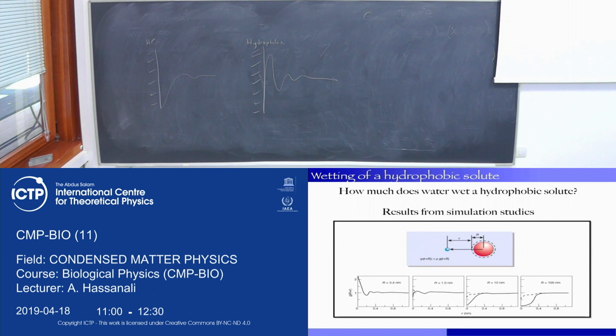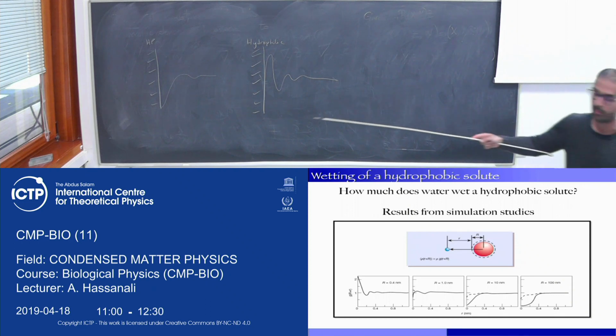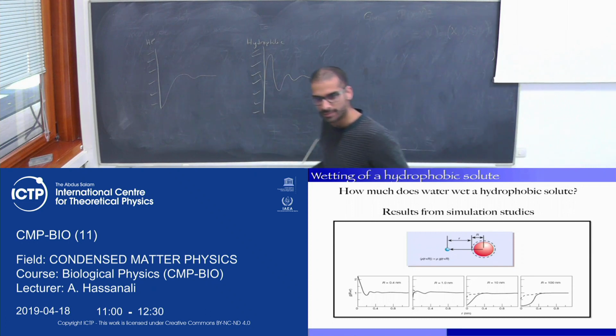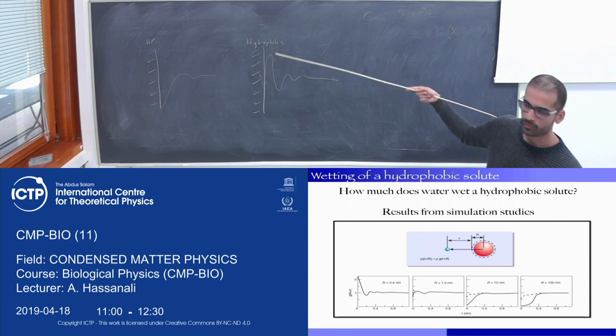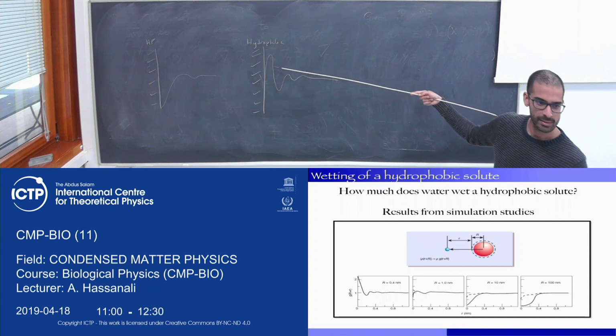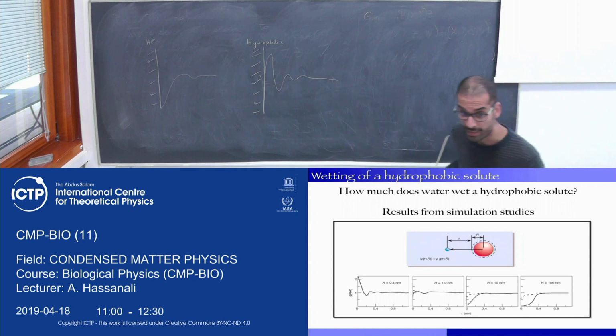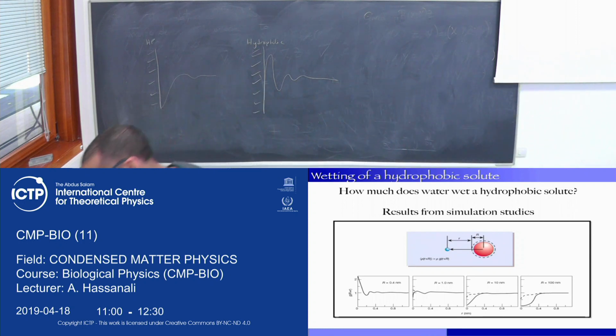If the system's hydrophobic, it doesn't want to be wetted, so there must be a low probability of being close to it. So, wetted, non-wetted. If something is hydrophobic, you might think that near it there's less probability. If something is hydrophilic, it should be like this, because it wants to be wetted. But it turns out that both hydrophobic and hydrophilic objects look like this. So the density itself doesn't tell you about wettability at the molecular scale.